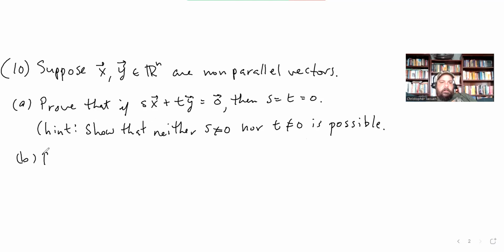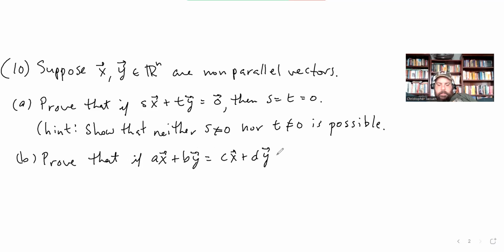So prove that if AX plus BY equals CX plus DY, then A equals C and B equals D. Right, that's question number 10.